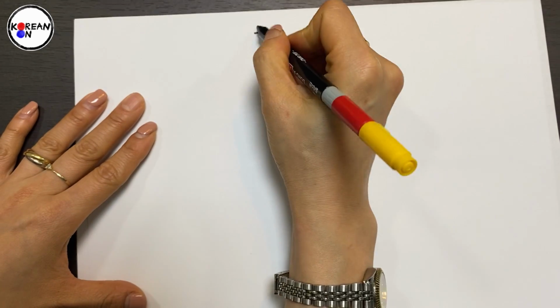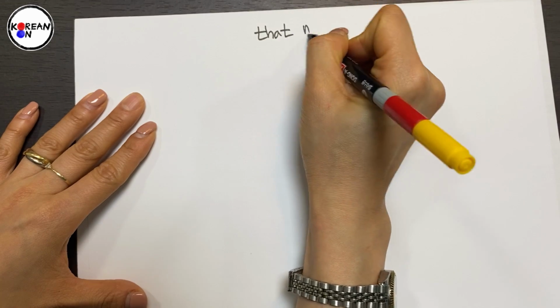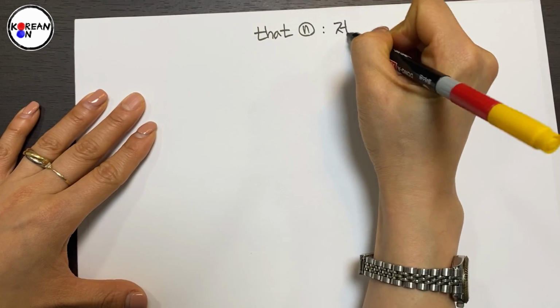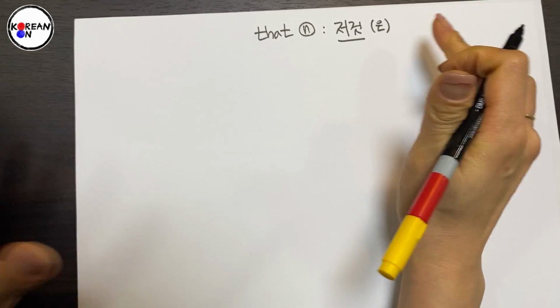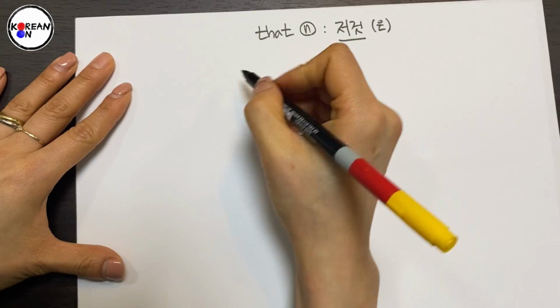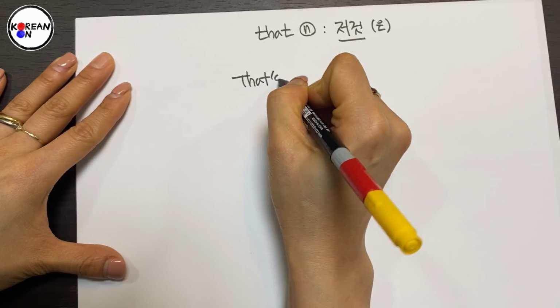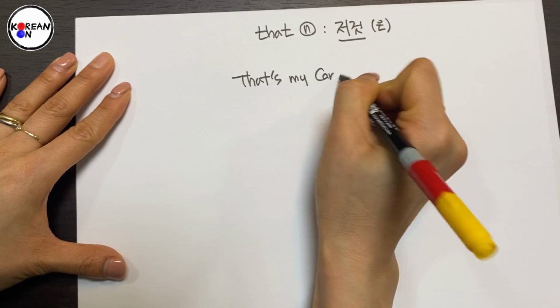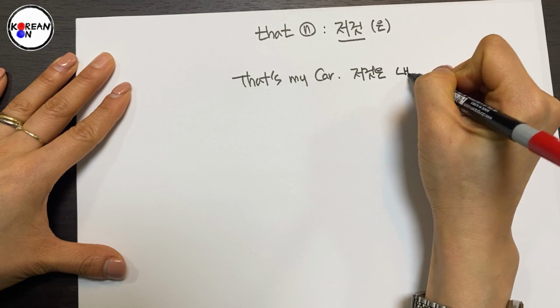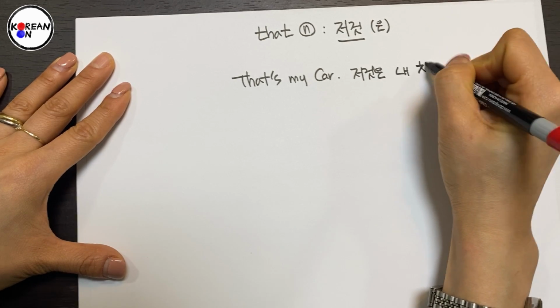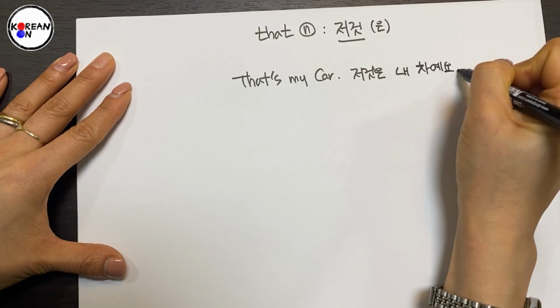So what's next? Which is that. That is a noun. 저것 or 저것은. This particle can be omitted. That's my car. 저것은 내 차예요.